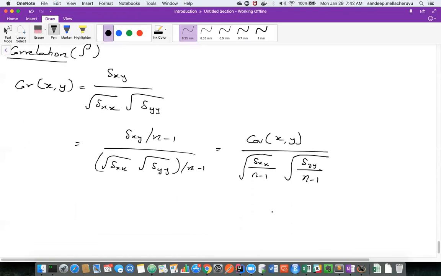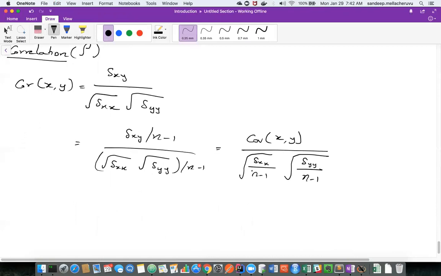Any thoughts about what is inside this? Sxx by n minus 1 is nothing but variance of x, right? Covariance of x comma y by square root of variance of x into square root of variance of y.